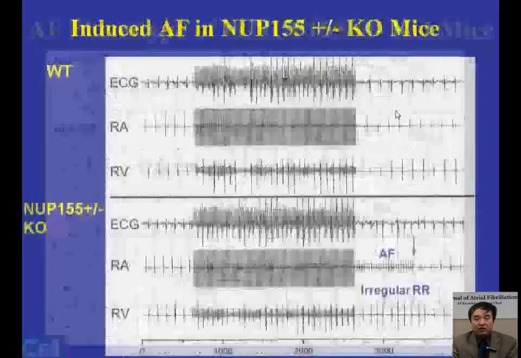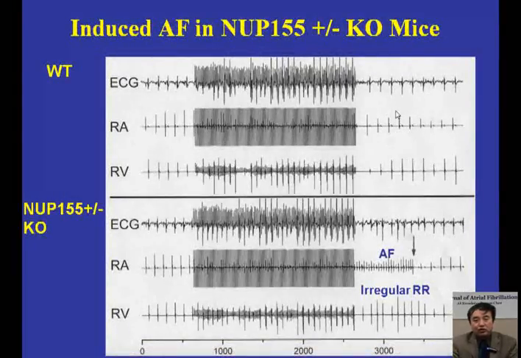We further characterized these knockout mice using intracardiac EKG recording. In the wild-type case, we basically placed a catheter with electrodes in the right atria and right ventricle. With stimulation, we didn't detect any abnormal electrical activity in either the right atria or right ventricle.